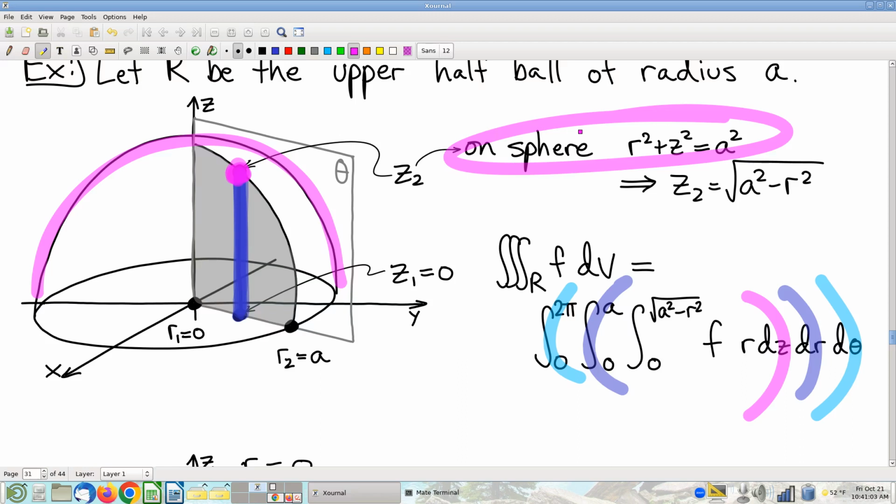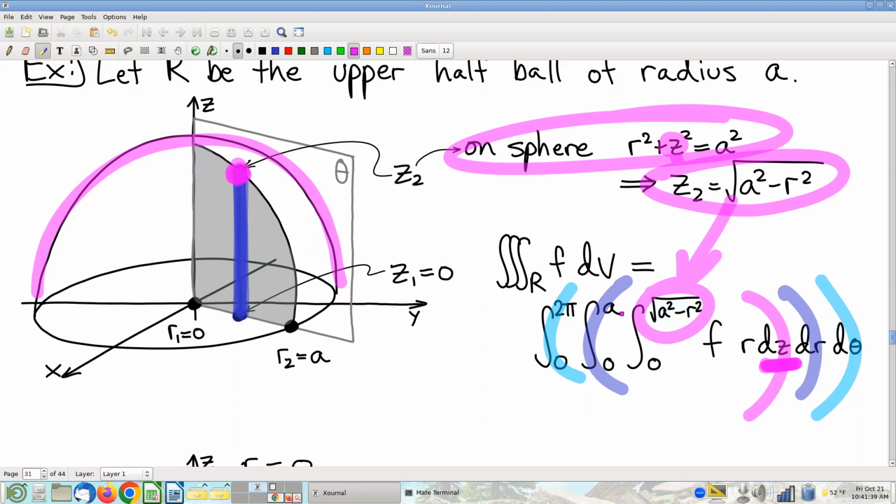So, side note, in general you might have to first write down the rectangular equation and then convert to cylindrical to find the cylindrical equation. In this case, we happen to remember that one from a long time ago. Reminding ourselves that we're looking for a bound for Z, we need to solve for Z in that equation. And solving for Z in that equation gives us our upper Z bound. Everybody happy with that?